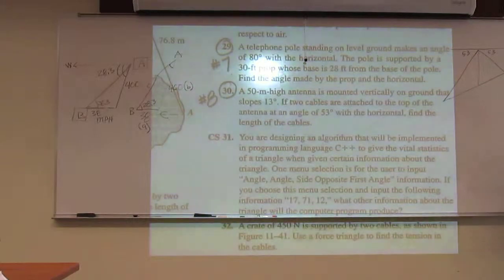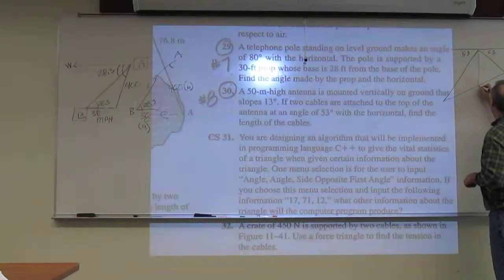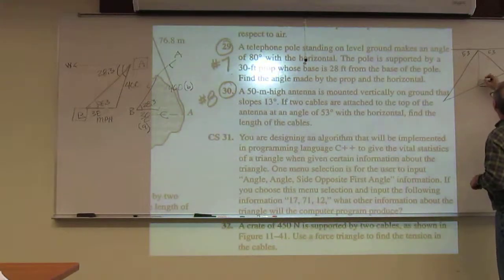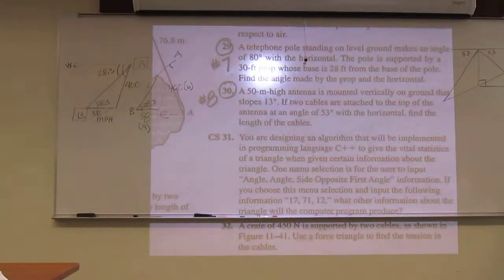Okay. You are to find the angle. Now let me move this 13 for you. I'm going to put it right here. That's a right triangle, right? We know this angle right here is 13. Can I also say that this is a right triangle?